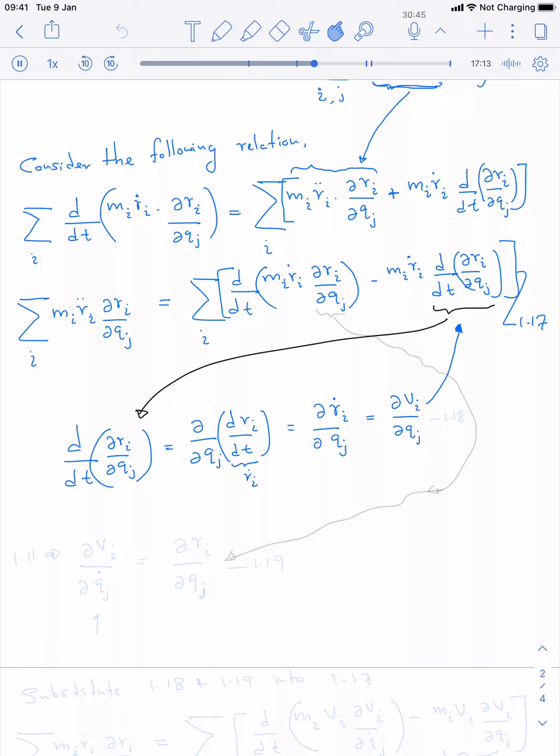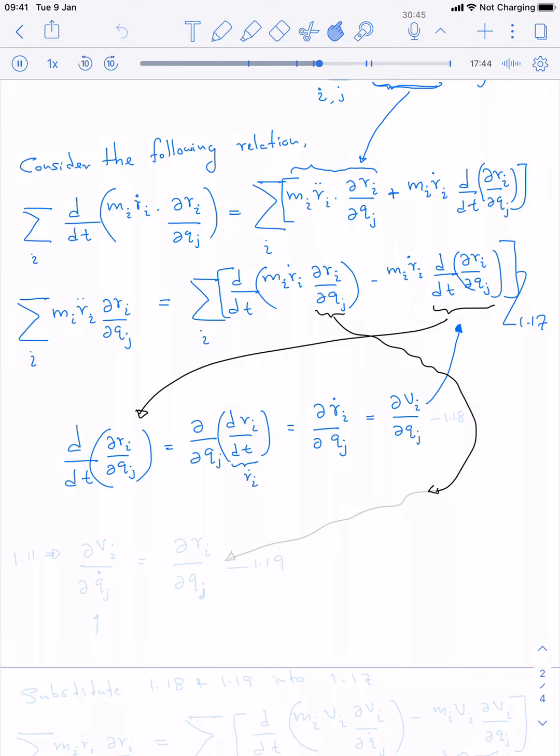Right, so the next step is to replace this expression right here. We can substitute it using an expression which we can derive from the equation for Vi from 1.11. So that is an expression for Vi.